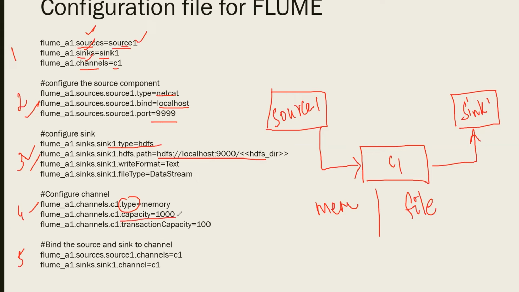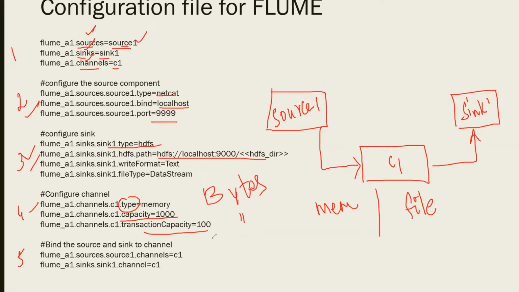Then the whole capacity in terms of bytes, and the transaction capacity, again in terms of bytes. This is a very small number that I specified to show you an example, but in an industry situation you can have a higher number, though it always has to be a number in terms of bytes.